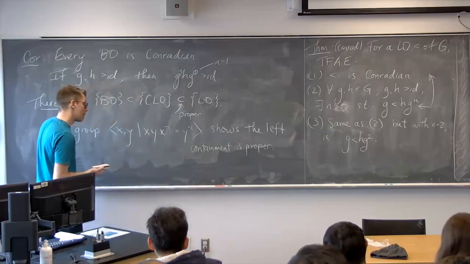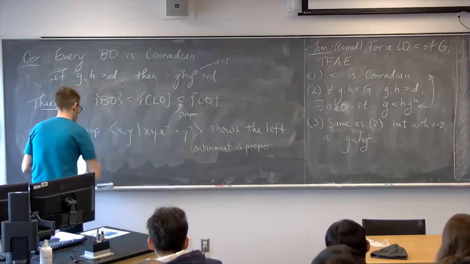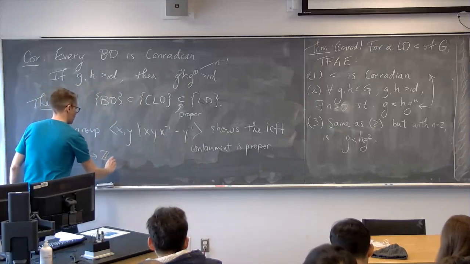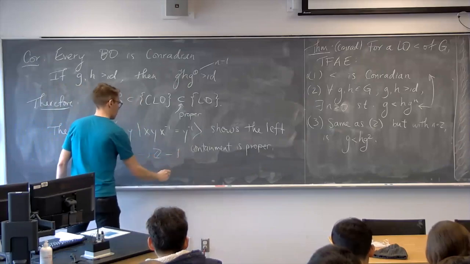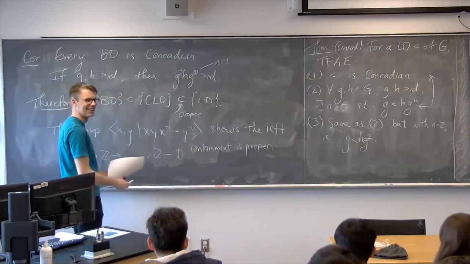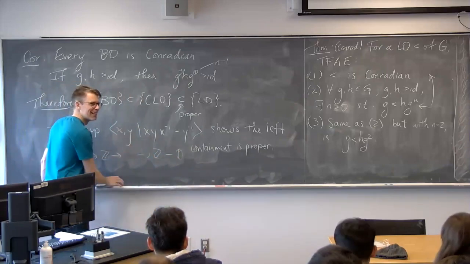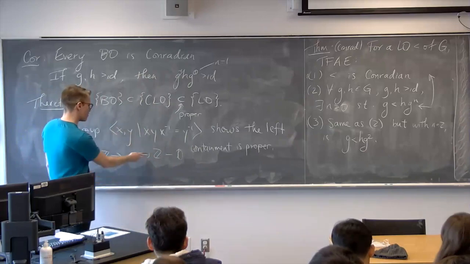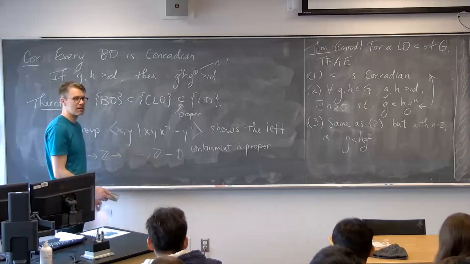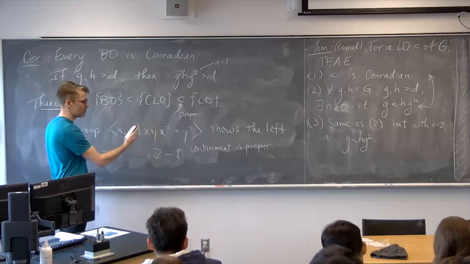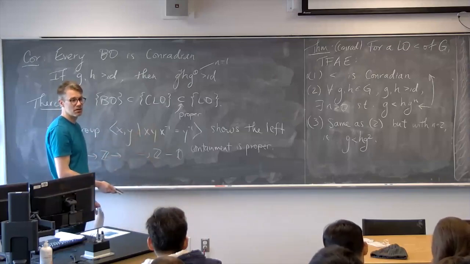But why does this have a Conradian left order? Because it's pretty solvable, I guess. Yeah, it fits into here. Look, I'm using ones again. Yeah, so it fits into this short exact sequence, and so it admits a Conradian order just lexicographically. And you can also use the same thing to say why it's locally indicable if that's how you want to look at it.